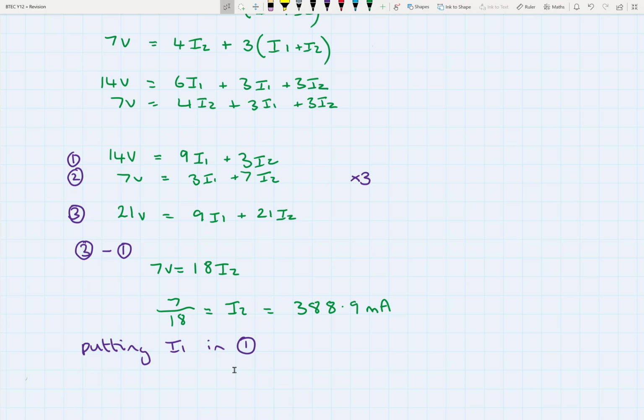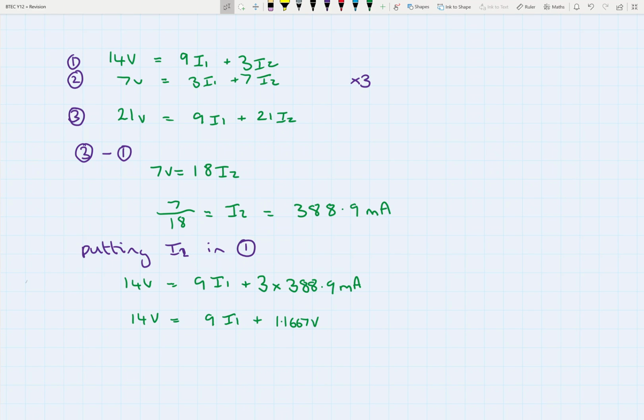So if I put I2 into equation number 1, then I'm going to end up with 14 volts is equal to 9I1 plus 3 times 388.9 milliamps. Okay, just need to grab my calculator now.